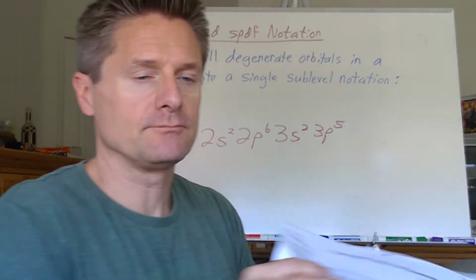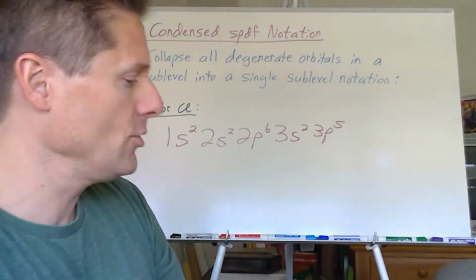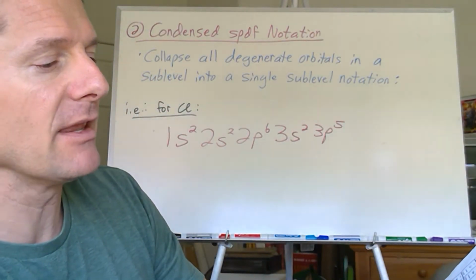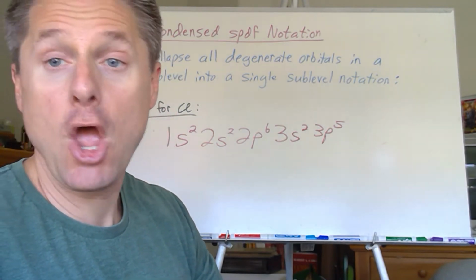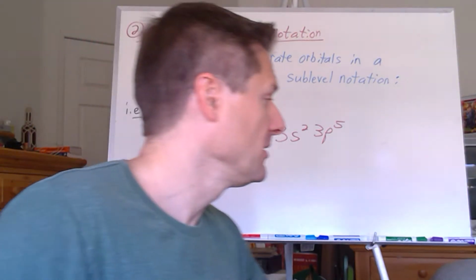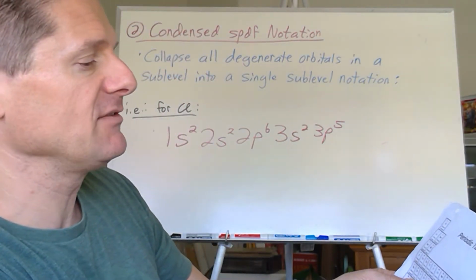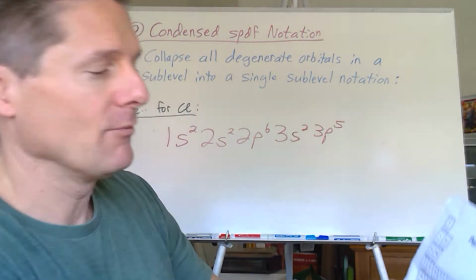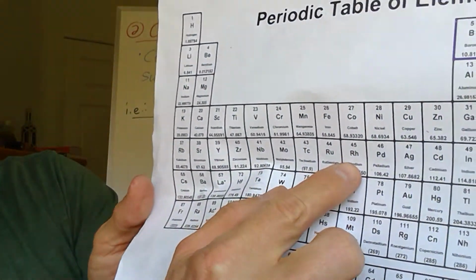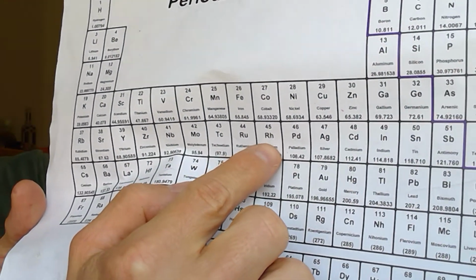Let's do another one. Let's pick one with a transition metal in it. Let's do, say, zirconium. Ooh. Let's have some more fun. Let's do rhodium. Rhodium's number 45. That's not going to be fun. So do that for me real quick.